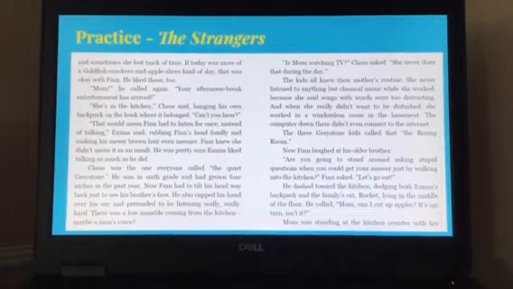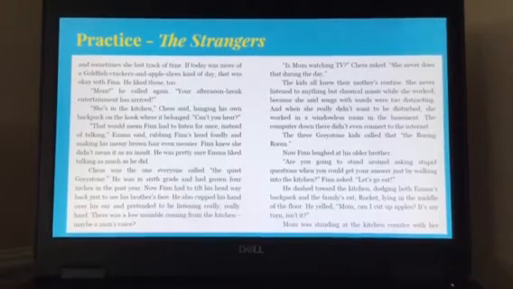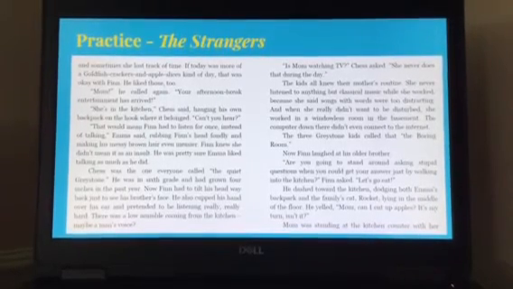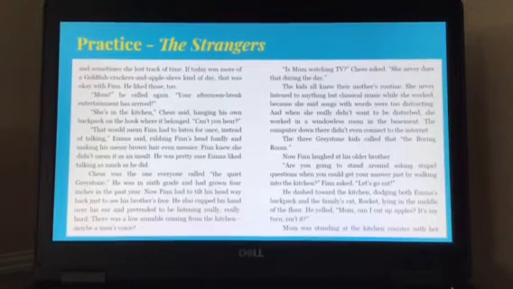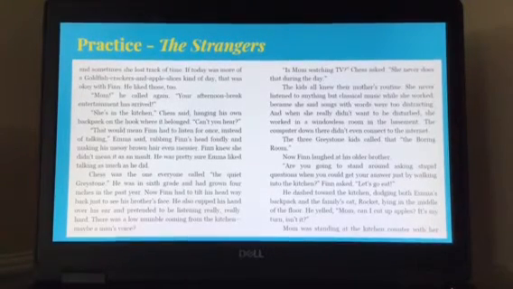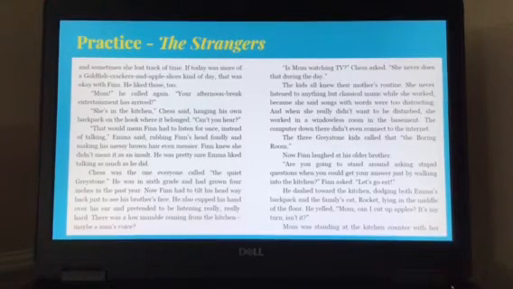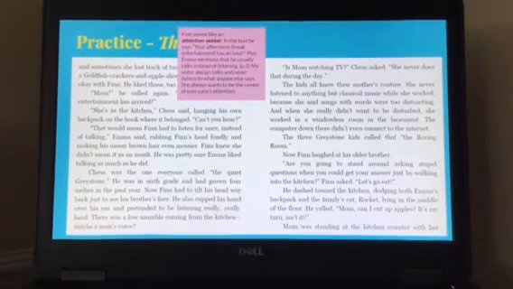On this page: "Mom," he called again, "your afternoon break entertainment has arrived." "She's in the kitchen," Chess said, hanging his own backpack on the hook where it belonged. "Can't you hear?" And I would continue reading. When I find something, I will stop. Finn seems like an attention seeker.